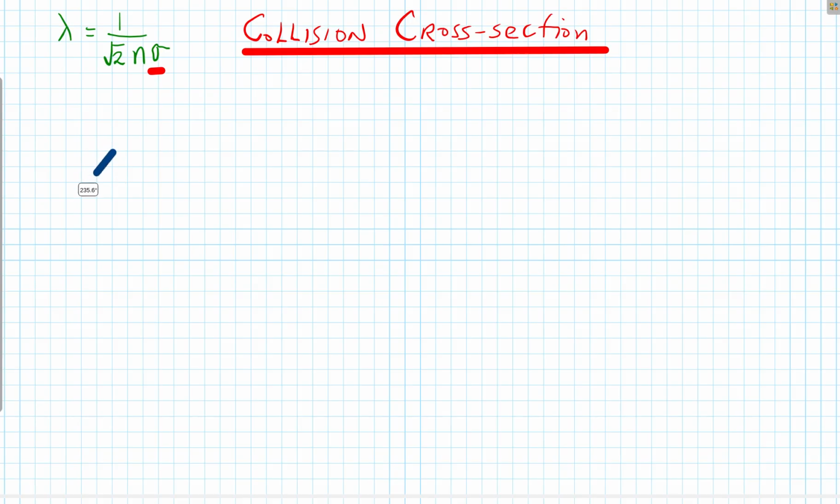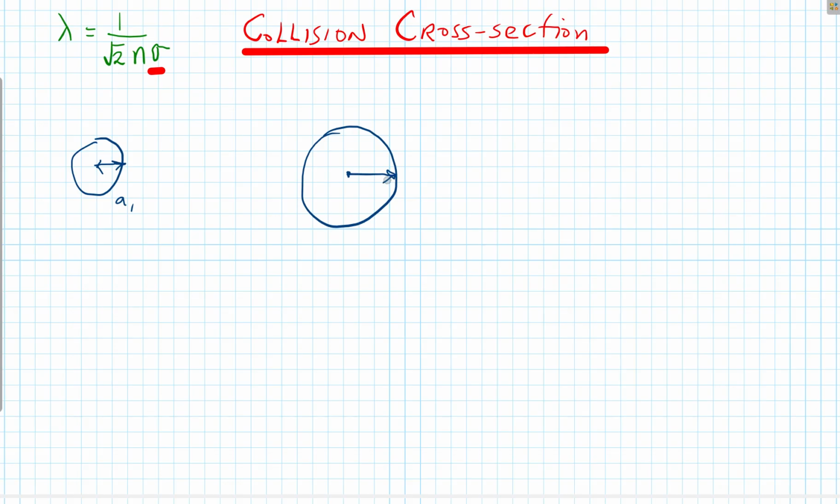Let's see if I can sketch something. So let's say this is a molecule with radius A1, and there is another molecule. It doesn't have to be of the same size.